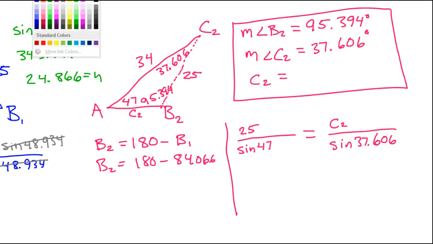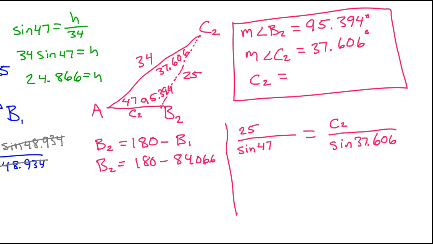To get C2 by itself, I need to multiply both sides by sine 37.606, that way these will cancel each other out. That'll leave C2 by itself, and so I just need to put all of this in my calculator, and that will give me the length of C2. So I'm coming up with 20.860.